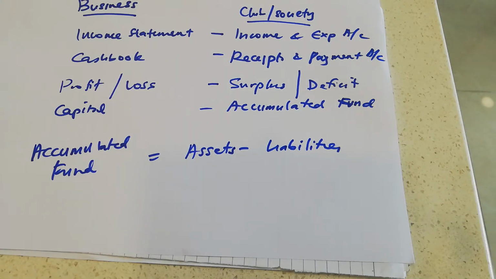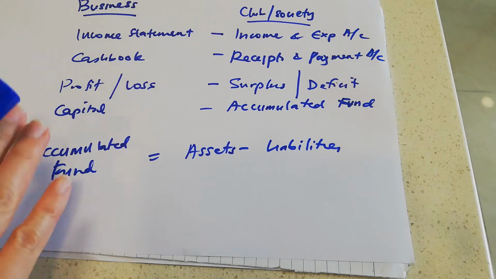Okay, in this lesson, I want to go on now to talk about how to get some of the information for clubs and societies. You would find that most of the questions in IGCSE, they would ask you to do an income and expenditure account, and they would ask you to do the statement of financial position for a club or society.